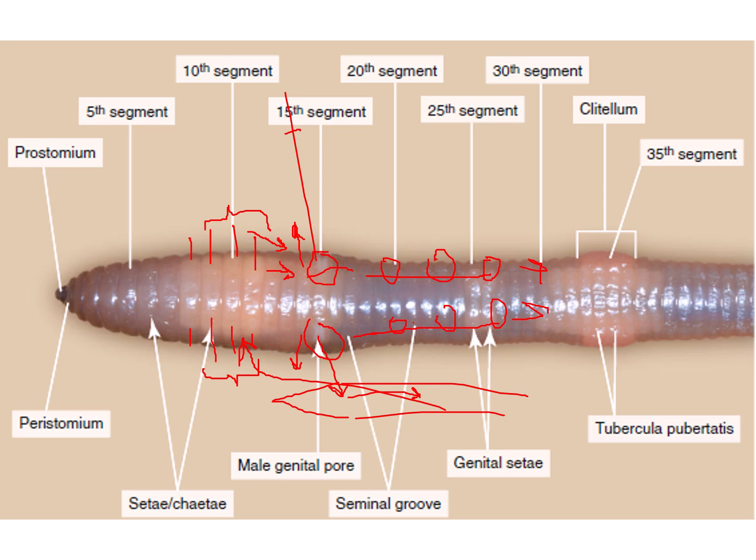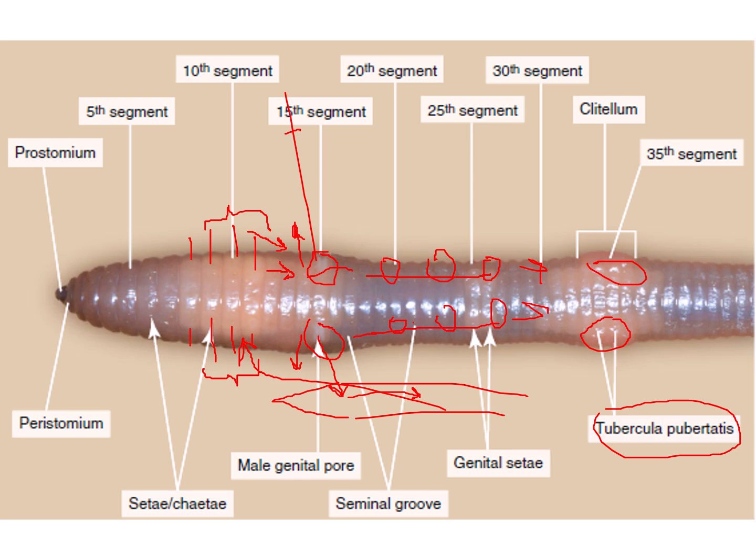Another prominent structure that we can see here on the ventral side of the clitellum is the tubercula pubertatus. It is related to puberty. In earthworms that get mature, the clitellum at the ventral side has glandular swellings, and these swellings release secretions.